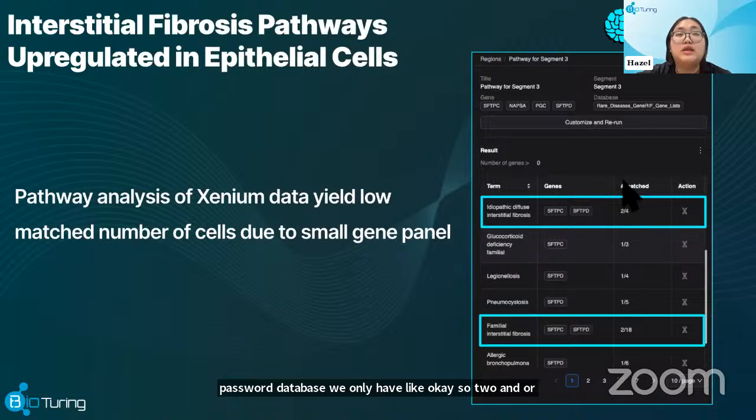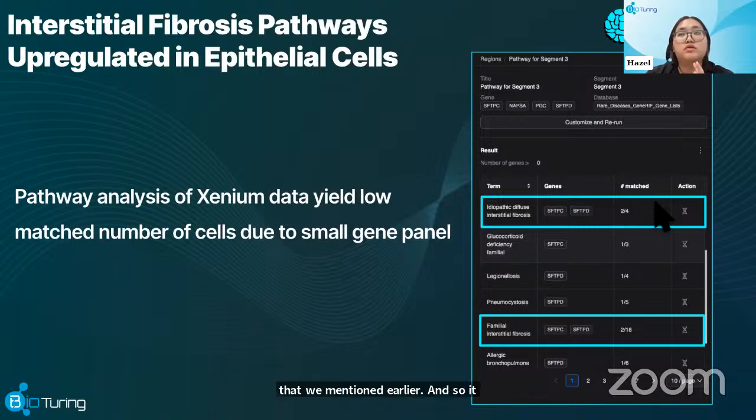That is again due to the limitation in the gene panel of a Xenium dataset that we mentioned earlier. And so it also opens the door to the ability to use multiple technologies at a time so that we can overcome the different drawbacks in each of the technologies.